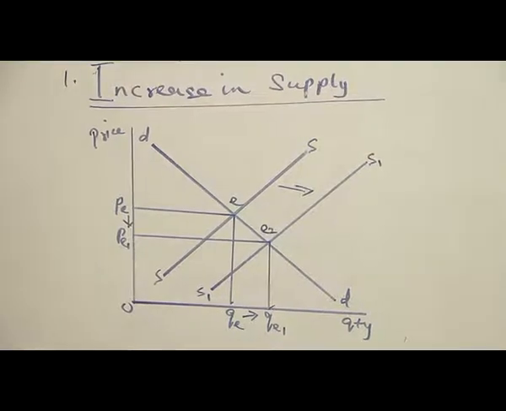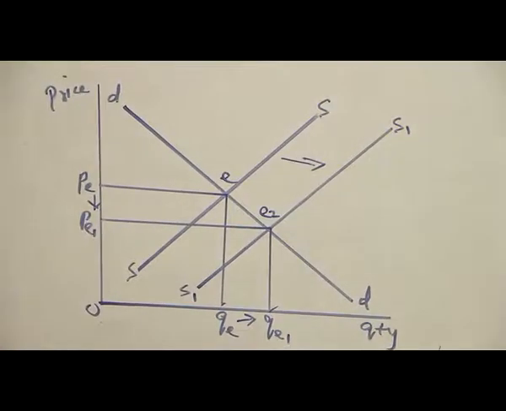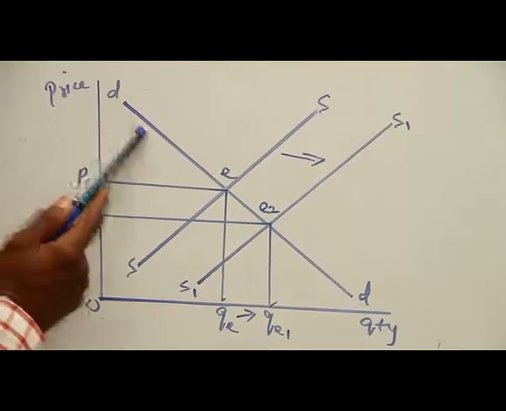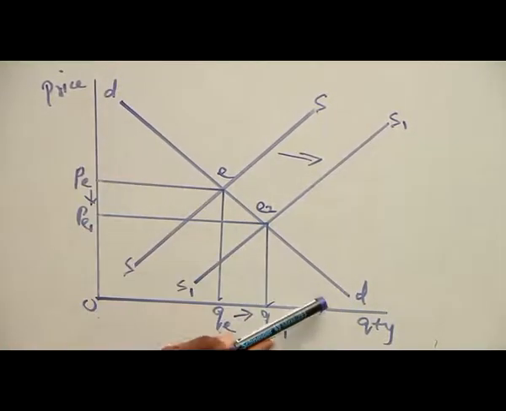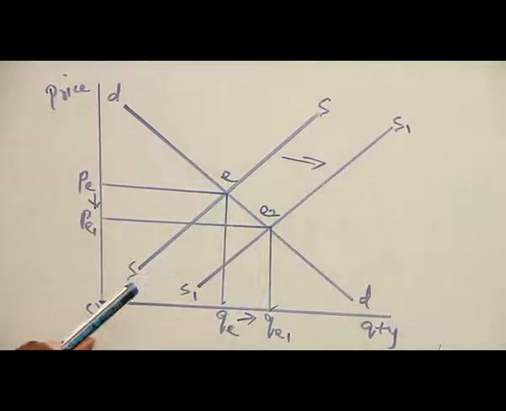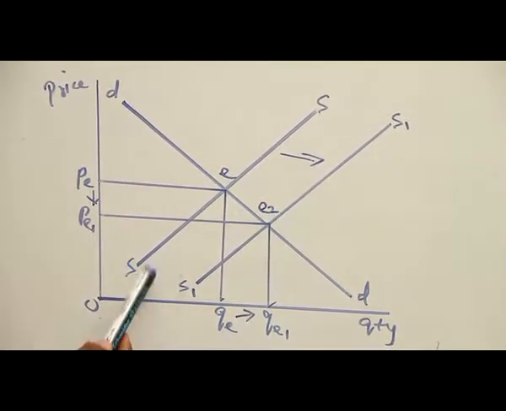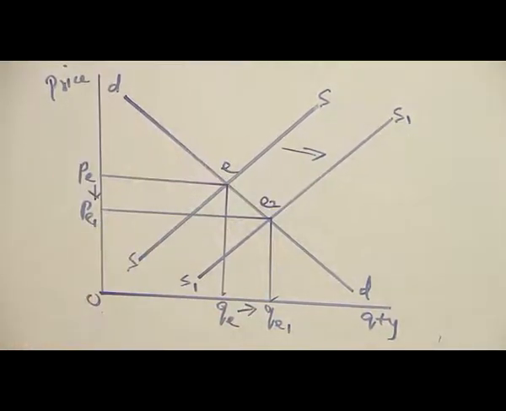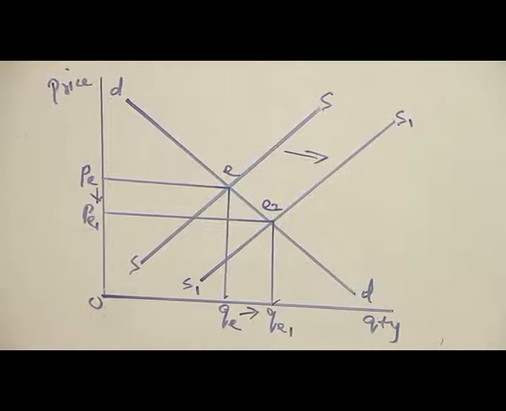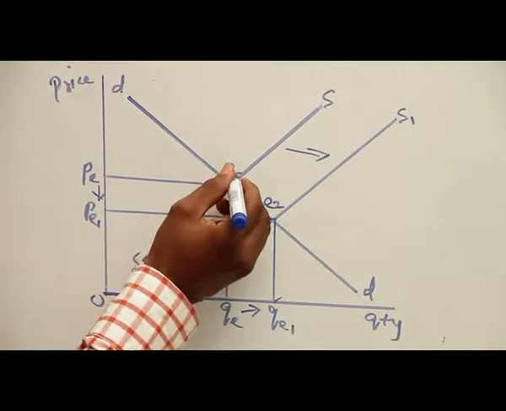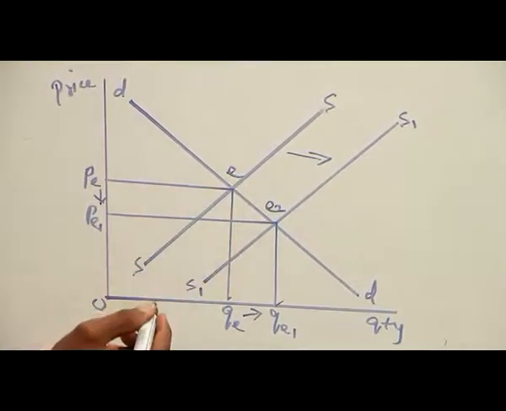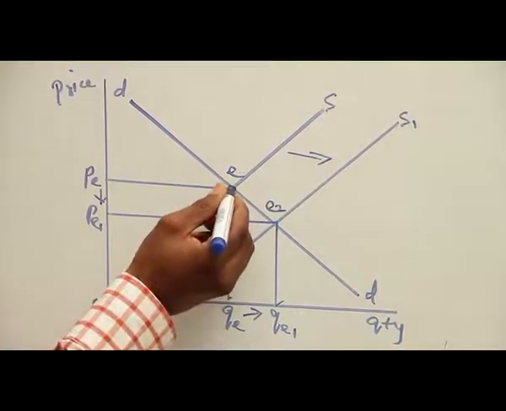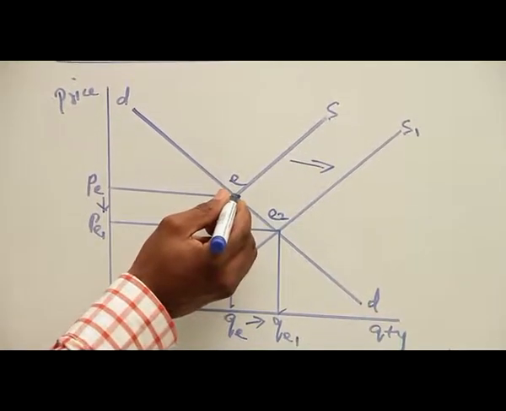Looking at the diagram before us, we have the price axis, we have the quantity axis. We can also see the interaction of demand and supply curve. We have two supply curves. One reads S, S, another one reads S1, S1. Now, you observe that we have the equilibrium point here, that is point E, where demand and supply meet.